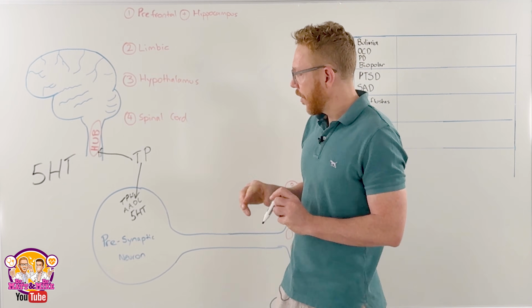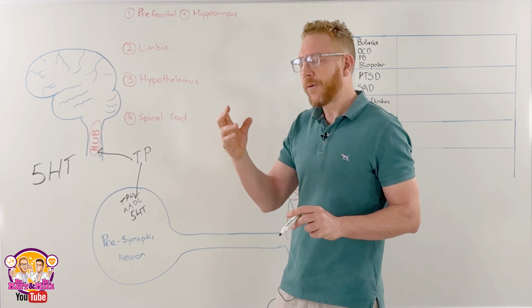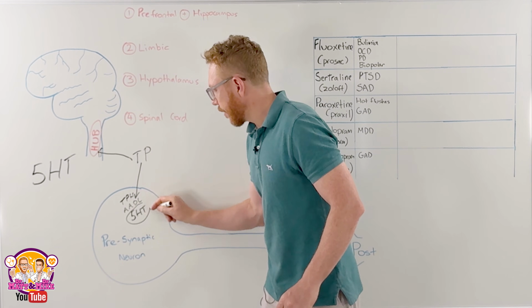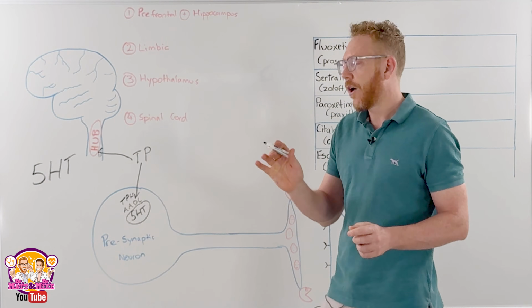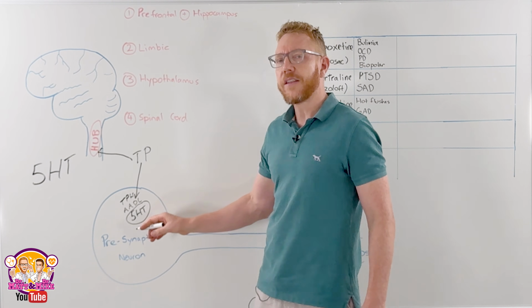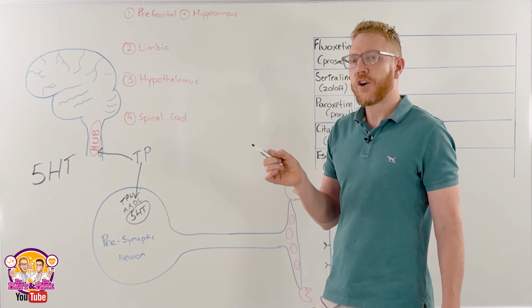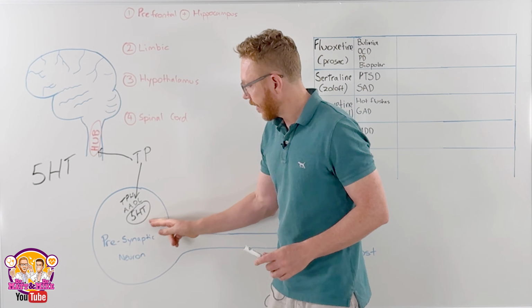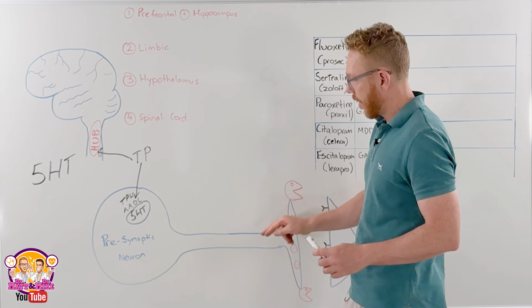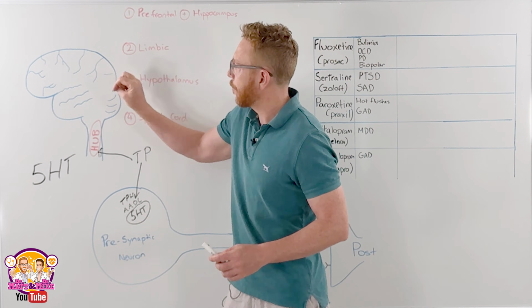So those 2 enzymes will modify tryptophan, that amino acid, into serotonin or 5-HT. Now, serotonin can't just sit in the cell as is because it would get degraded. So what has to happen is it has to get transported right to the end of the neuron, and this is where it's going to project to.